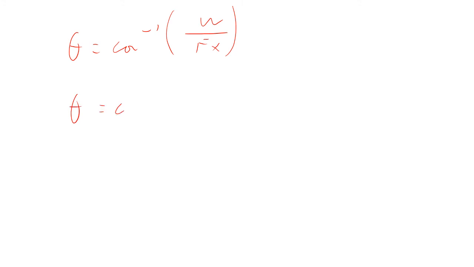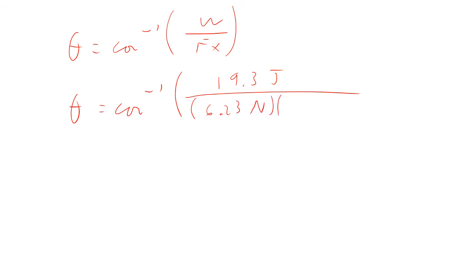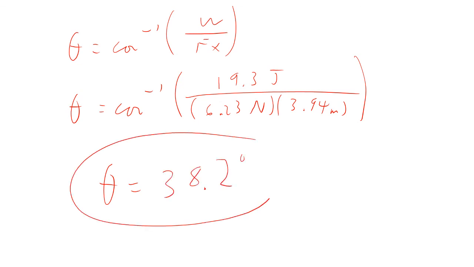So theta will be the inverse cosine of 9.3 joules divided by 6.23 newtons times 3.94 meters. Okay, and so that comes out to be 38.2 degrees.